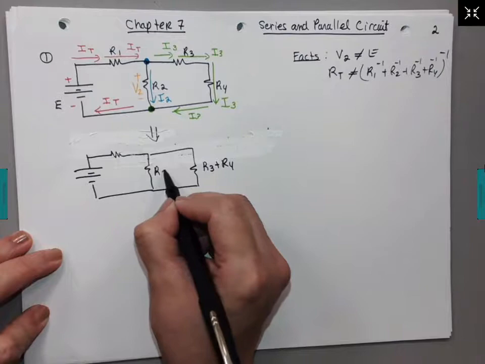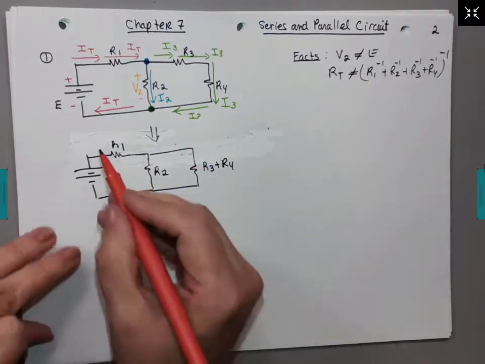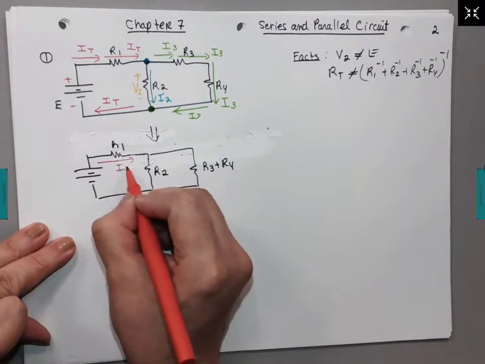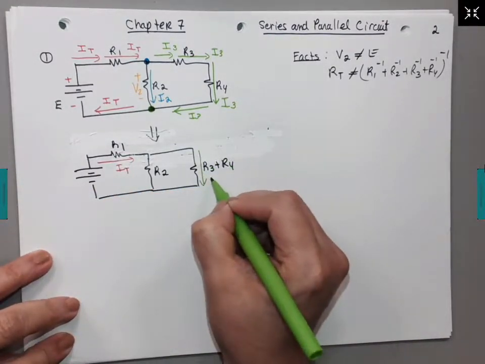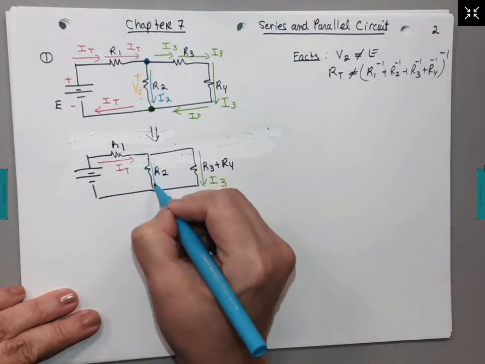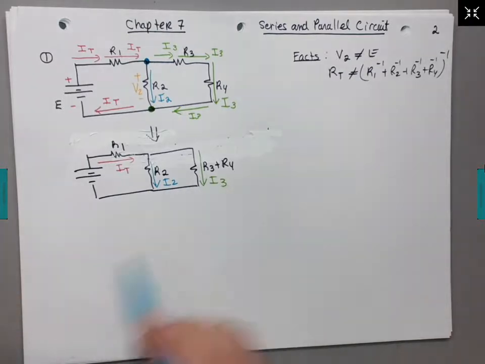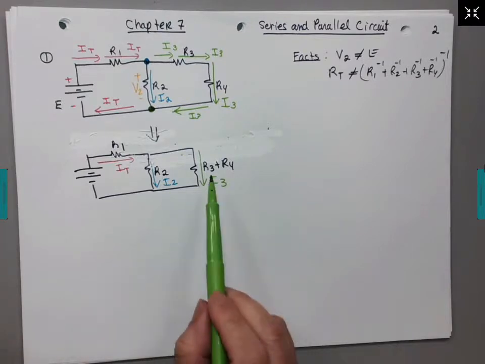And R2 is here, and R1 is here. Okay? So we still have the same currents, IT, and then we have I3, and then we still have I2. Do you guys see that? Okay. What else could we do? What else can we know about this circuit? What can you tell me about R2 and R3?